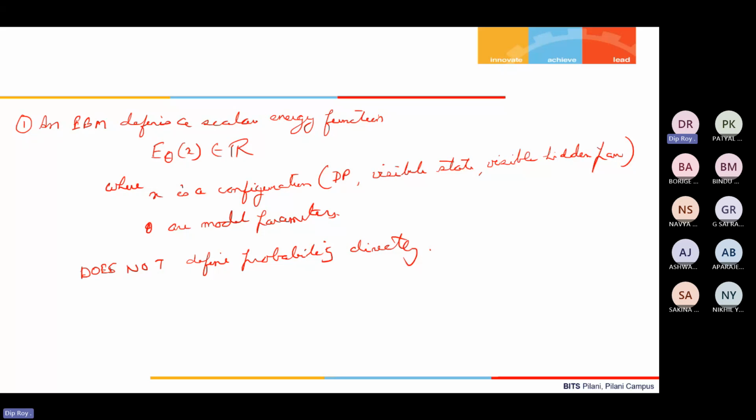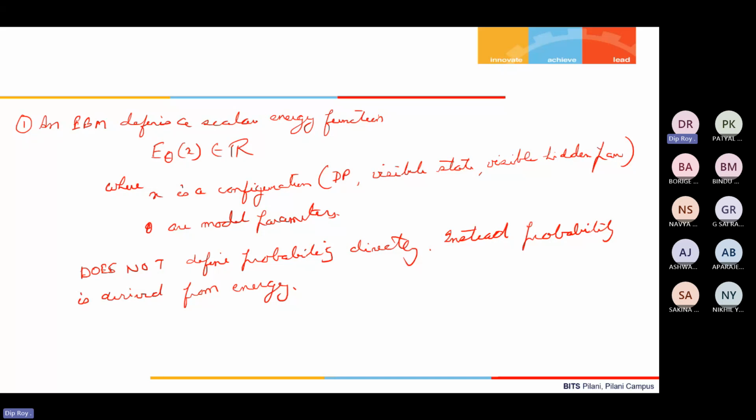Instead, probability is derived from energy. I'll explain why we need this particular approach.